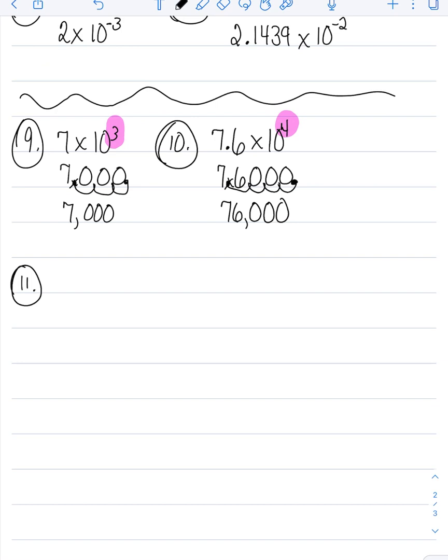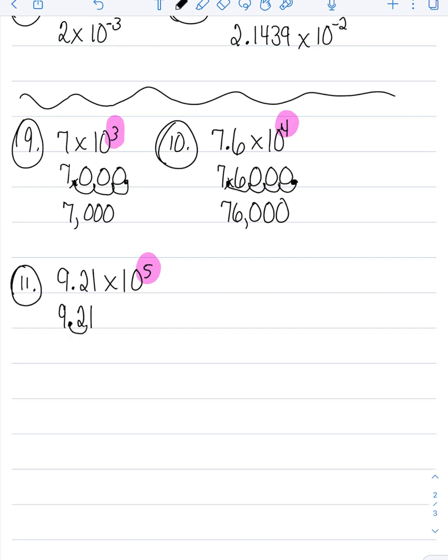Let's do a couple more of these types. Let's write 9.21 times 10 to the fifth power. Let's write our number that's in front of the times 10. I see the decimal, it's right here. I have a positive 5 exponent. Positive 5 is to the right, because it's a big number.